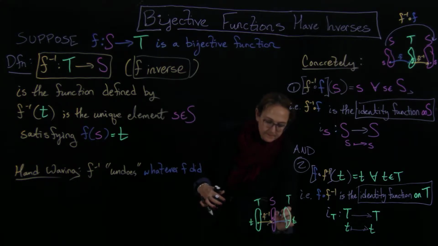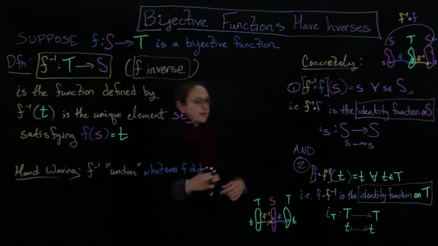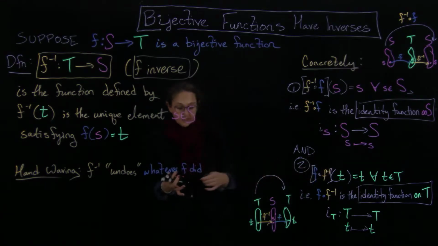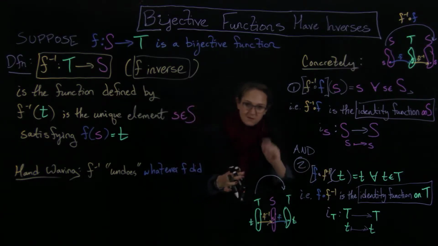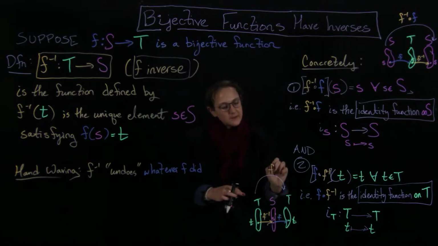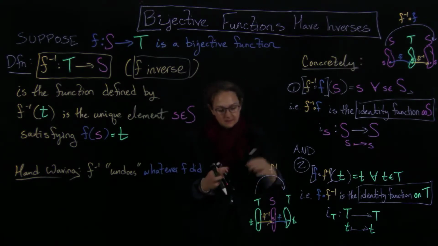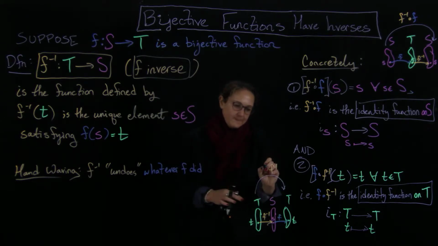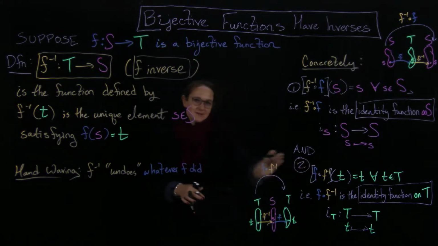And then for the entire thing together, even though it looks like I've written this in the wrong order, the way to not think you've made a mistake is to think: first I apply F inverse to my T here, and then I apply my F. Think of the order that you would apply them in if something was over there.